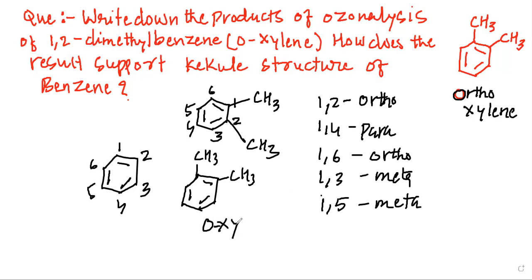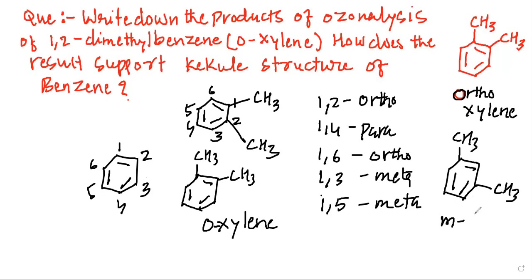For ortho we just write o, and then we write xylene. Suppose these two CH3 groups are present at the 1 and 3 positions, CH3 and CH3, then we will call it meta. For meta we will just write m, meta-xylene.